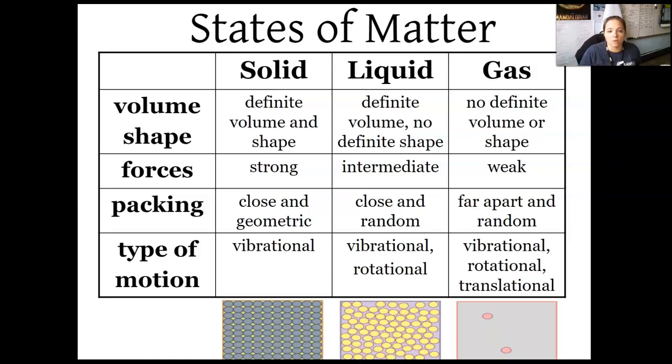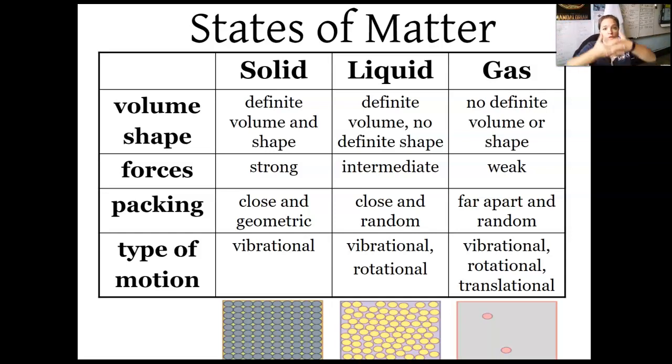The forces involved in keeping things together for these phases: solids are really, really strong, with liquids being intermediate, because remember, they're fluid, they're moving, so they have to have some movement going on. And then gases are super weak because they're everywhere, as far apart as possible. Packing, how close are they?